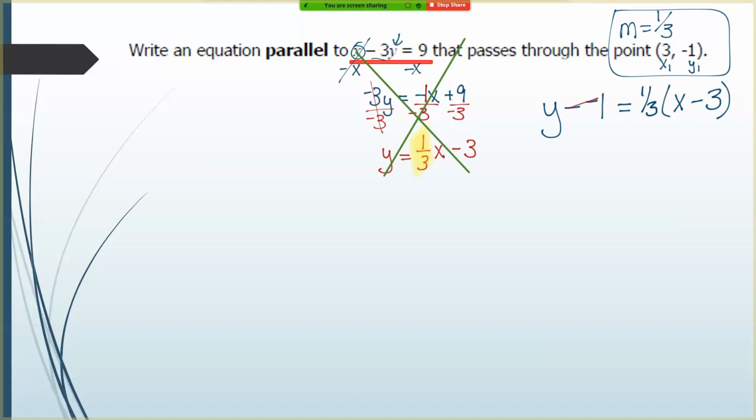Be mindful of those double negatives. Again, my suggestion is that you automatically turn it to a positive. And then you're going to distribute to get rid of your parentheses.